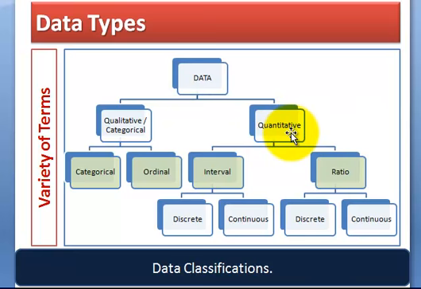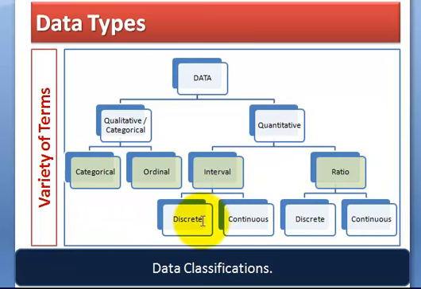Quantitative data is basically numeric. Qualitative is basically non-numeric. Our book splits it into four categories, here highlighted in green. The qualitative data is split between categorical and ordinal data. And then the quantitative is split between interval and ratio data. And we'll explain these four on the next slide.